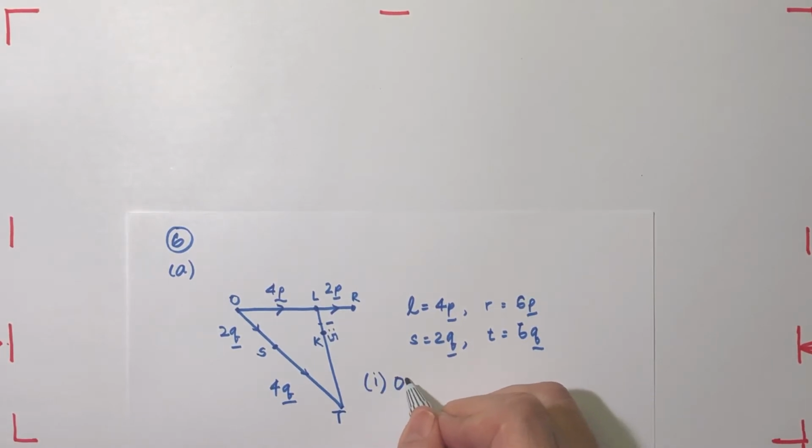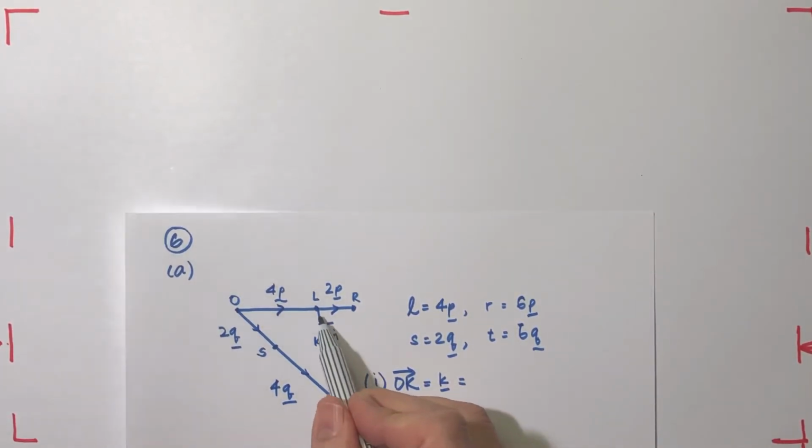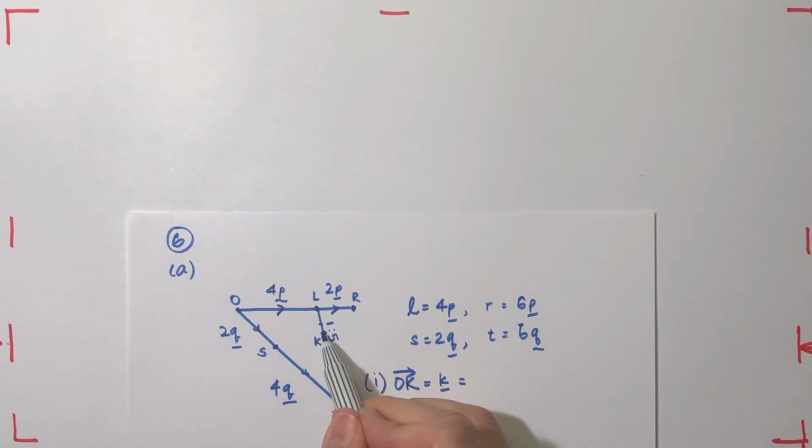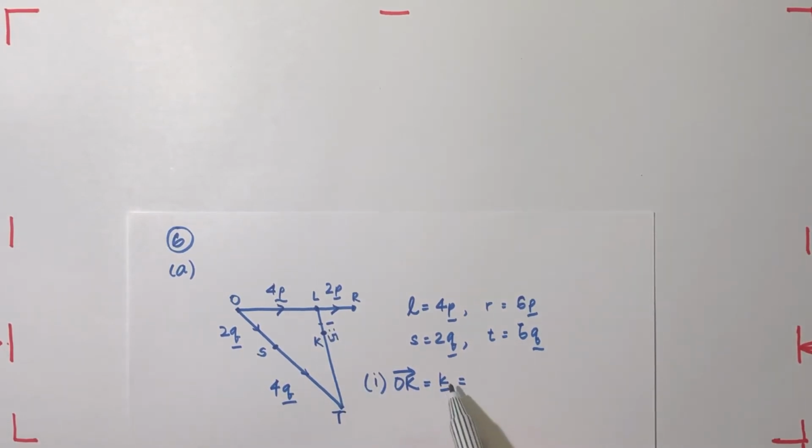So the first part asks for the position vector OK. We can use the formula for the subdivision of a line. K divides LT in the ratio of 1 to 5.